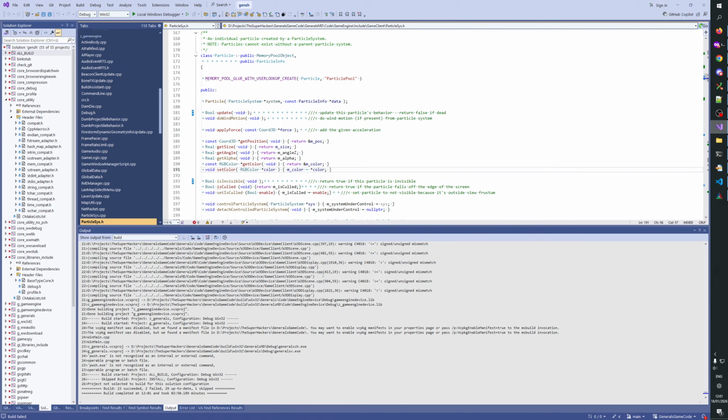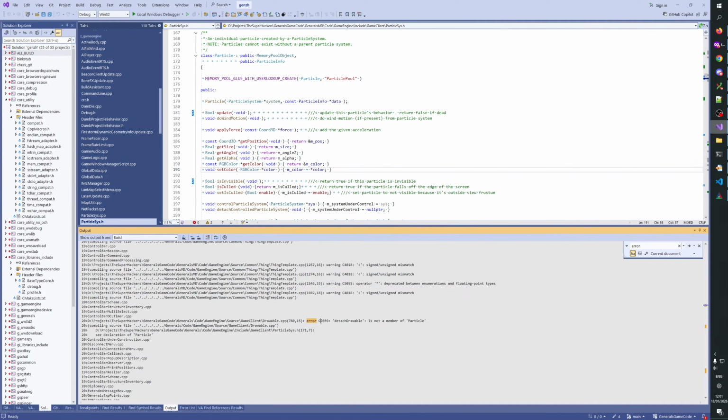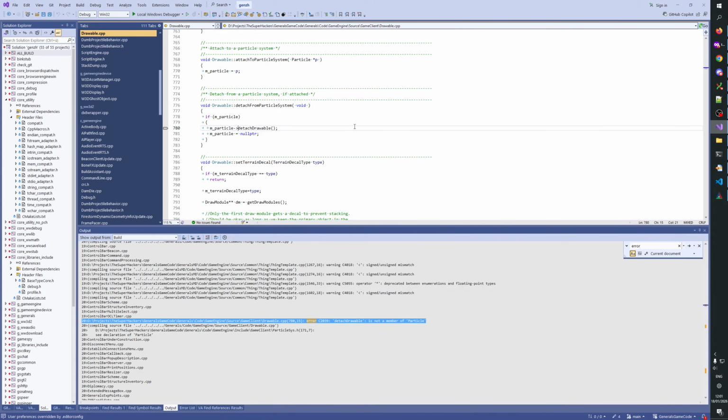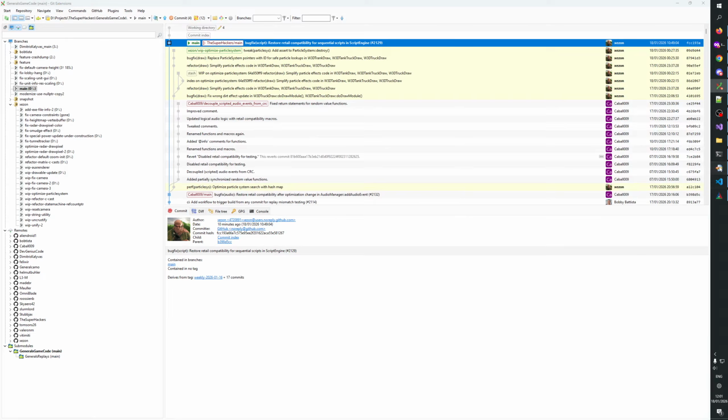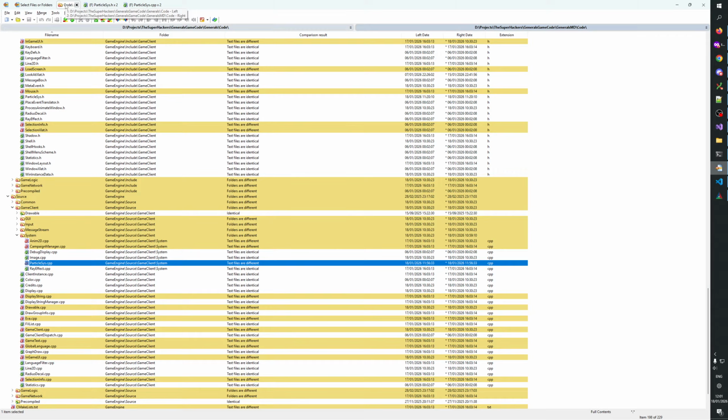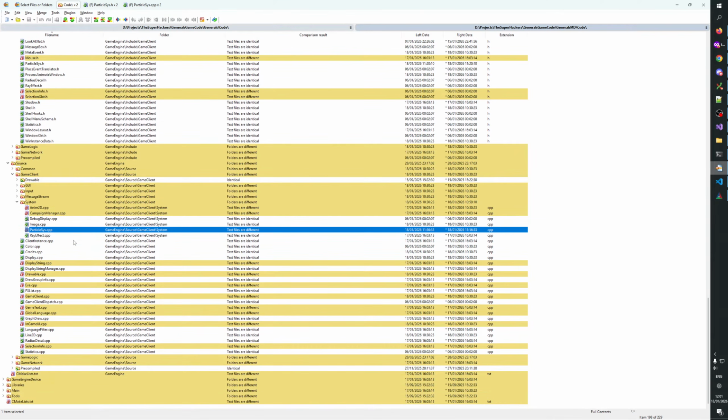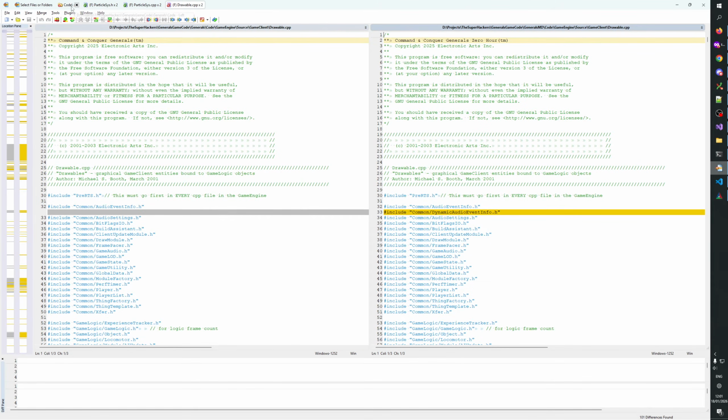Okay, we have compile errors. Let's take a look. Error, detached drawable. Okay, then we need to open drawable, which is here.